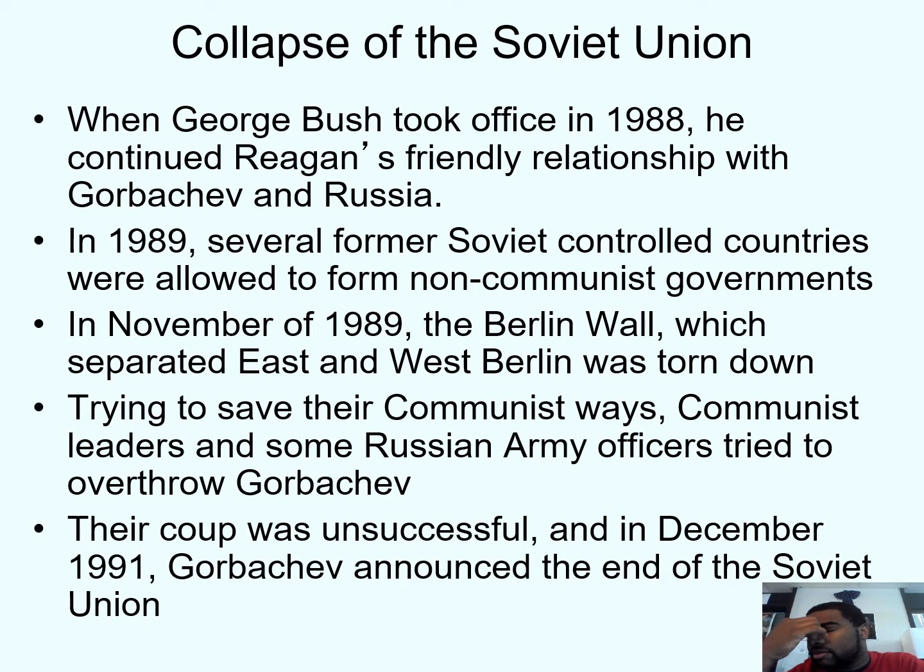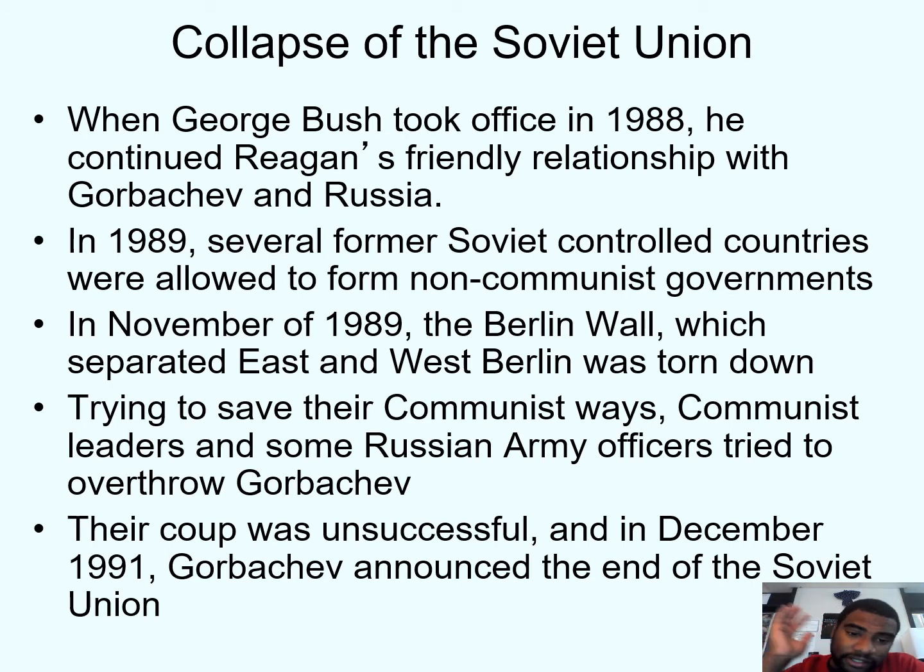East Berlin. Let me think. East Berlin was more towards the Soviets, because of course Russia was in the East, and they were a communist part of the city, and West Berlin was democratic or capitalist, and the wall was torn down.